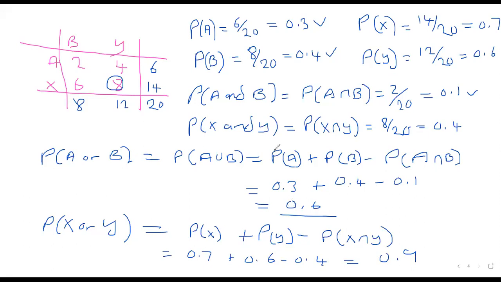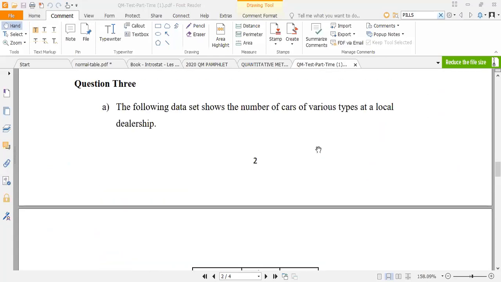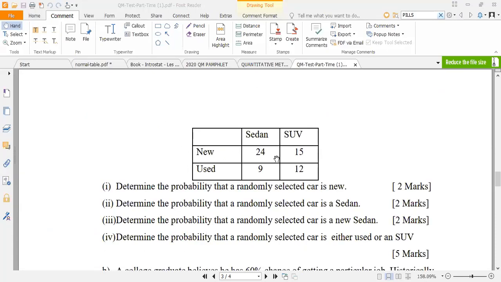Now let's go to an exam setting, when you're given such a question. We're told that the data shows the number of cars of various types at the local dealership. So we have the new, the used, the sedan, and the SUV. What did I say was the first thing you do when you're given this? You get the totals, right? What's the total here? 33.